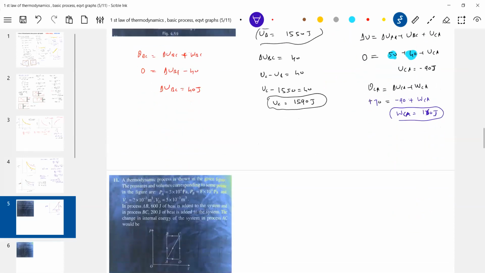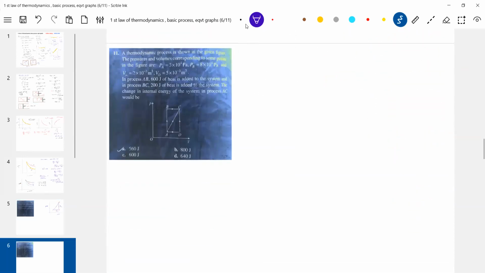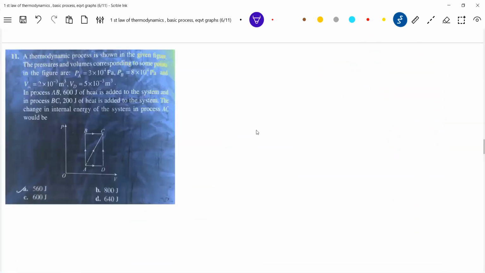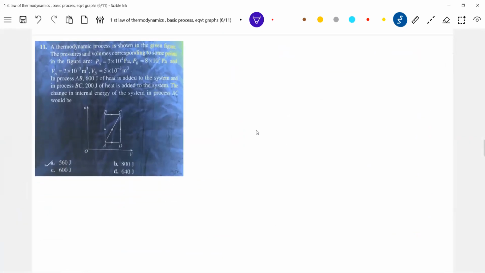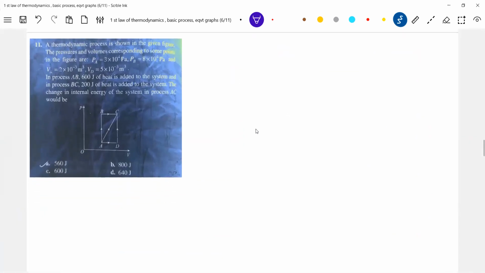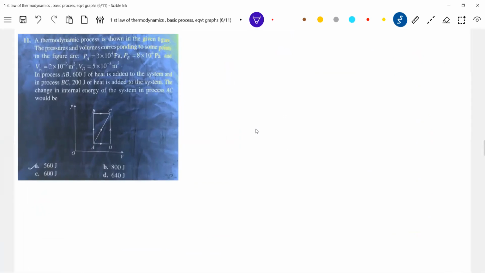Okay, let's take this question. There won't be any corrections. Read it again. We have to proceed in a similar way here. Let me plot the equivalent graph.